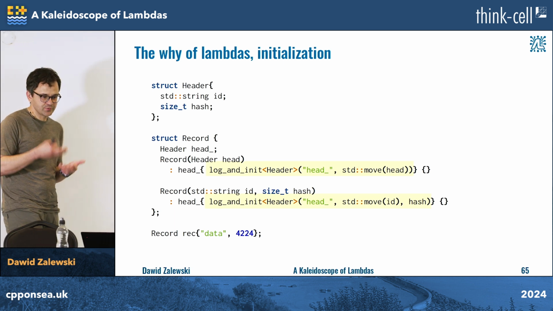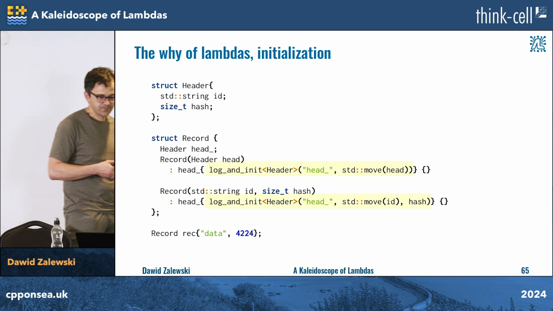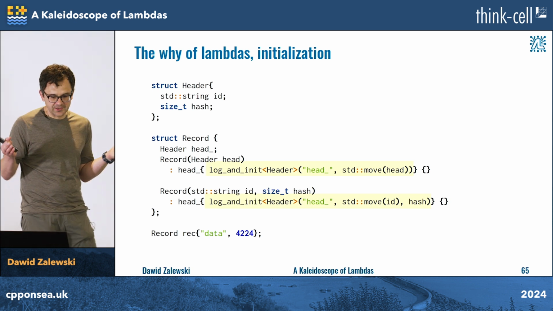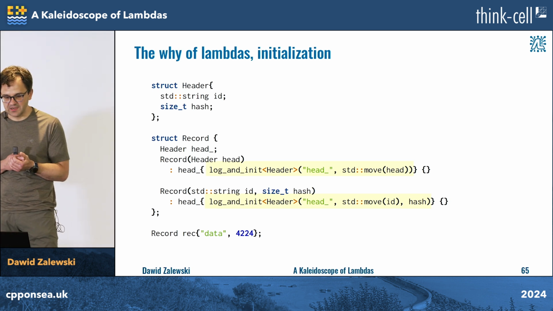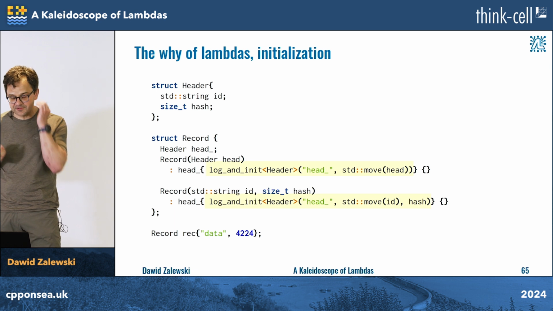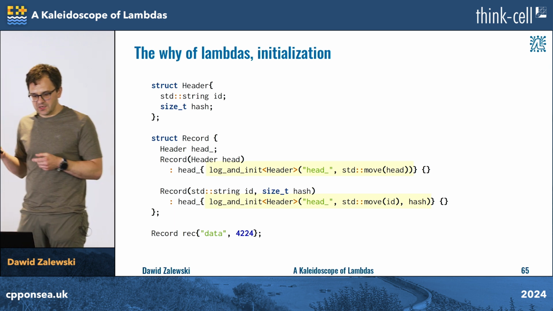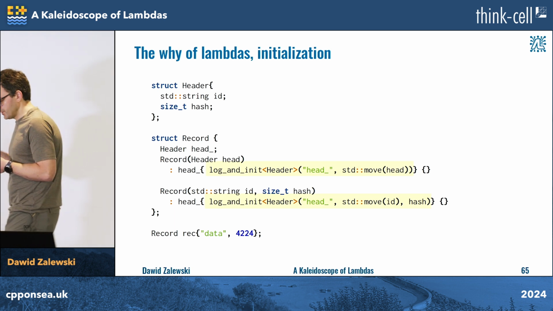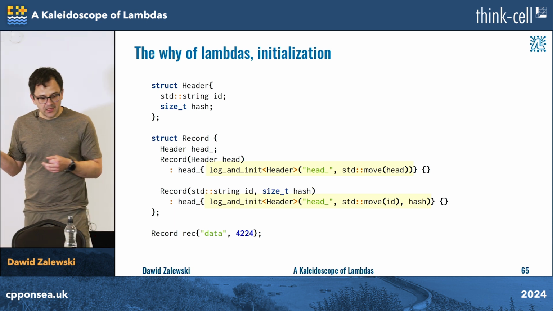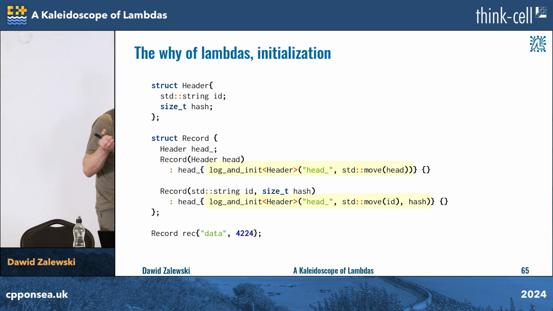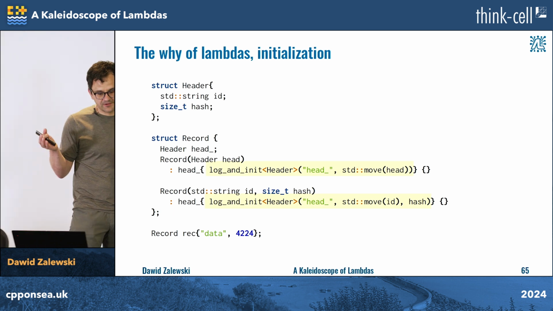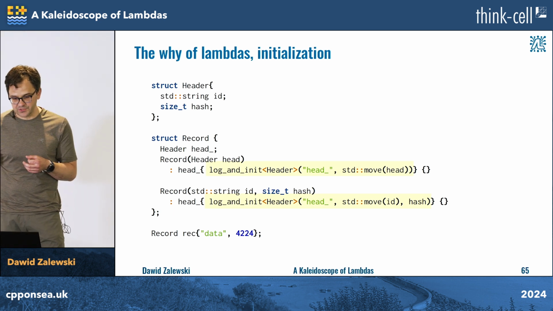Like here I have some object, a record object, and it can be constructed with a header or with a string and a hash, whatever it is. Instead of just passing the parameters there, like I would normally do, either the header or the ID and the hash, I call a special lambda there that logs those parameters and then initializes or returns an object.